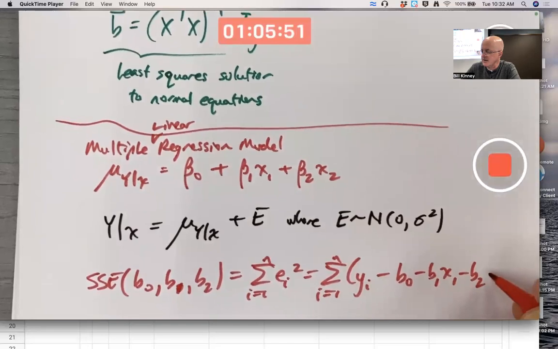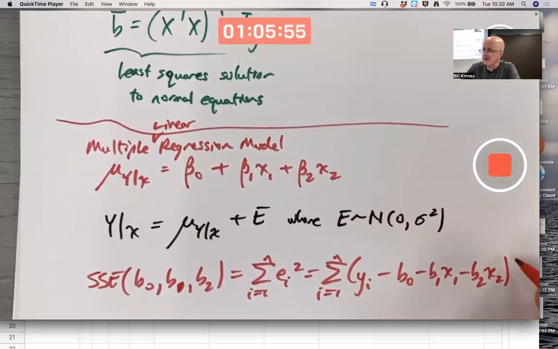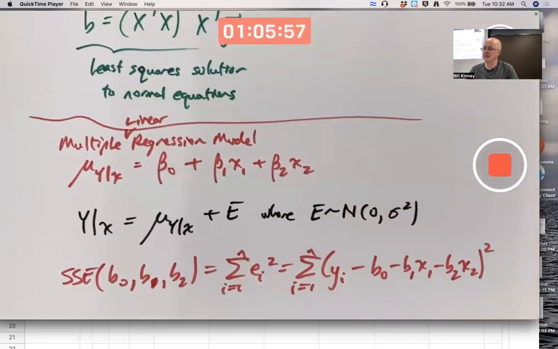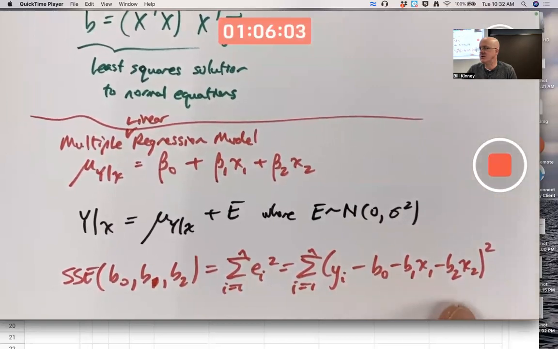It does look a little different though, because you've got B0, B1 x1 and a B2 x2 instead of a B1 x and a B2 x squared.